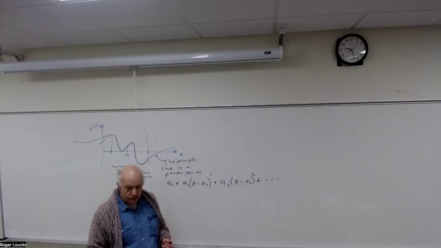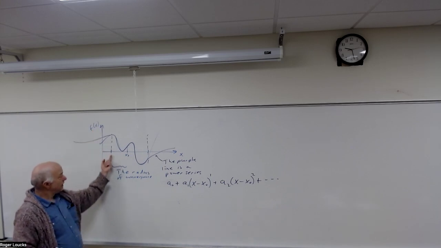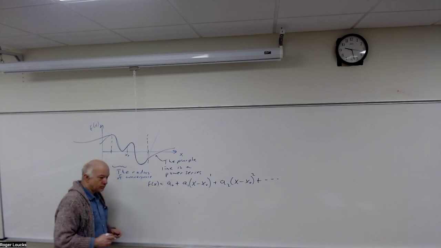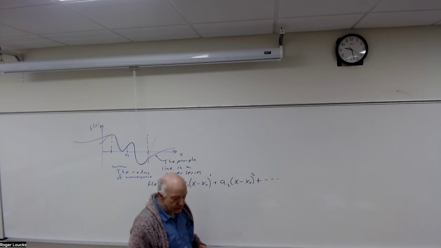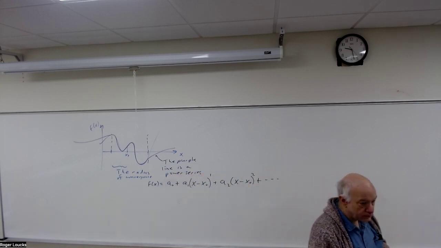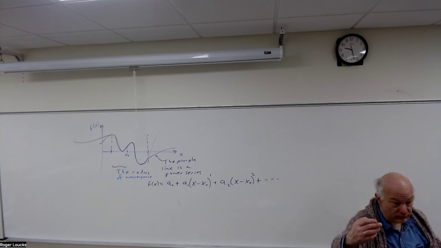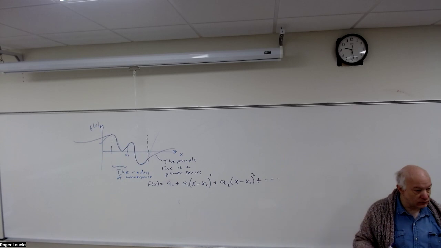That makes sense? And I want this right here to equal this function in that region. So I'm going to equate this to here. So what do you have to find now? You have to find the constants a0, a1, a2. You have to find all those constants. So how do you find those constants? Let's start with a0.